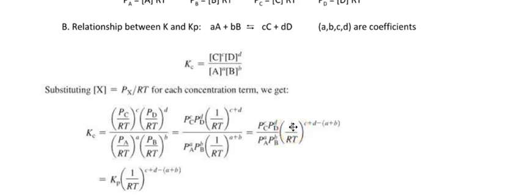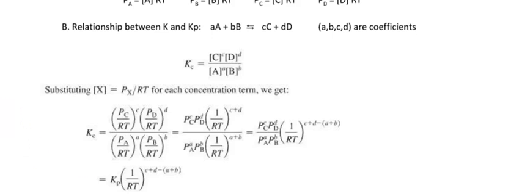And do you remember what your rules for dividing are? If you have a power, you're going to subtract your powers, all right? So take your numerator power minus your denominator power, which turns out to be your product powers minus your reactant powers. Or you can say your product coefficients minus your reactant coefficients, okay? And so that's what this whole thing right here will turn out to be.